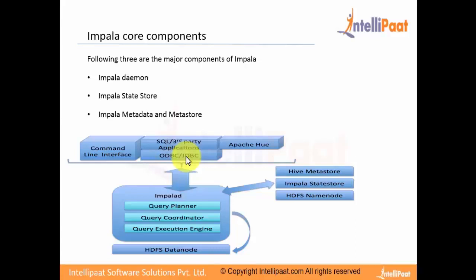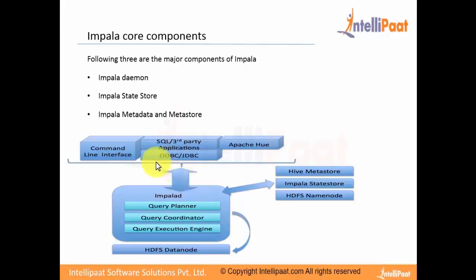The HDFS name node is the master component from the Hadoop architecture that stores the metadata and tells where the data is. So looking at these three components, we can say that Impala utilizes all the components which are already present and used by other tools, and need not implement anything new.